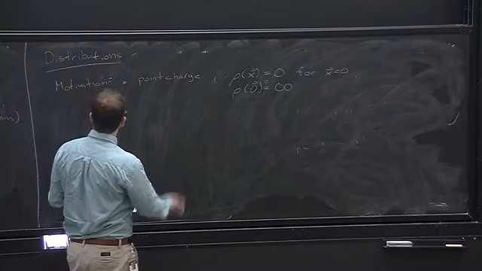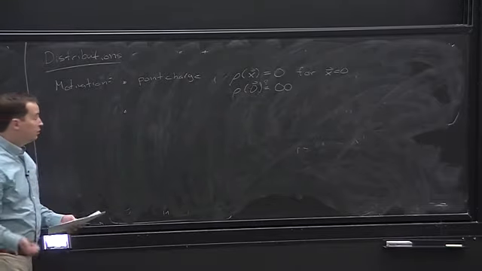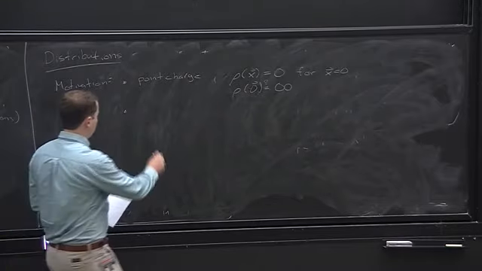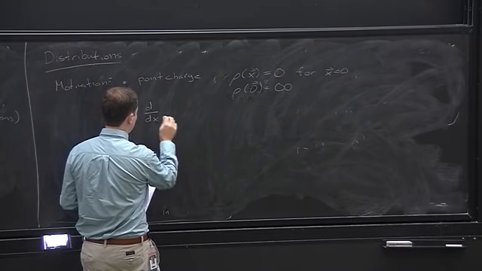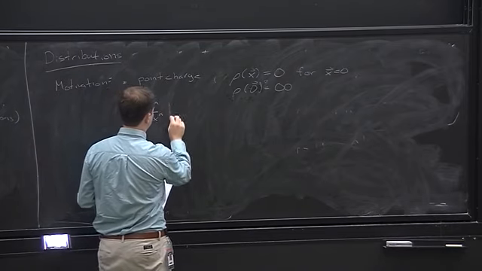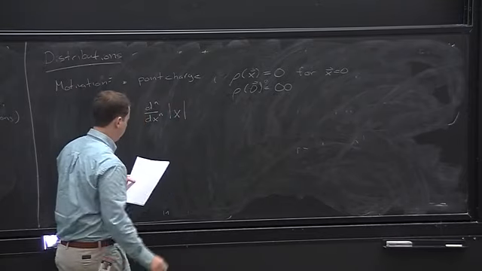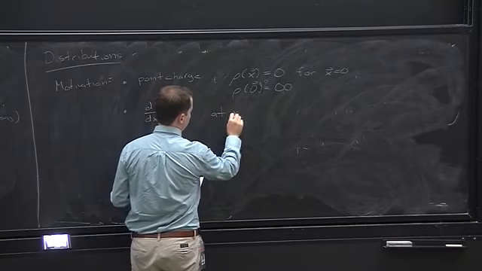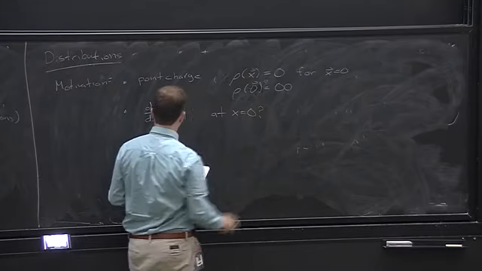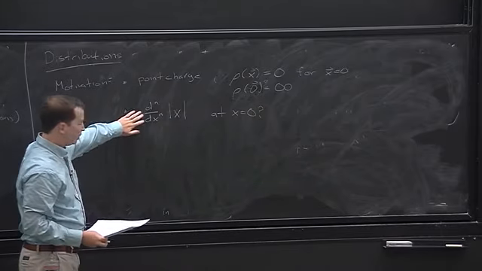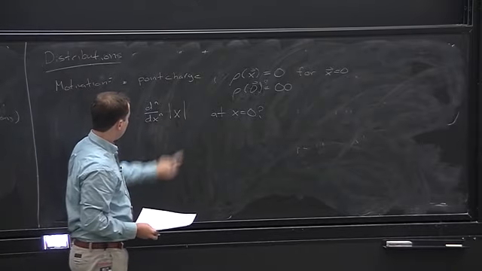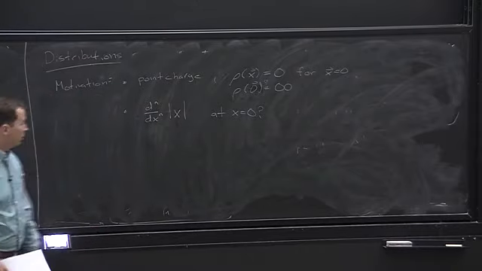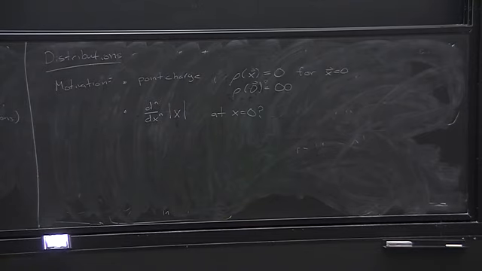Some things that you can do with distributions that don't make sense if you think about ordinary functions are to define things like the derivative of the absolute value function at x equals 0. This doesn't make a lot of sense if we think about the absolute value function as a function, but this has a well-defined meaning if we think about it as a distribution.